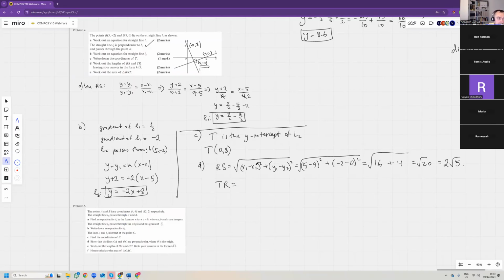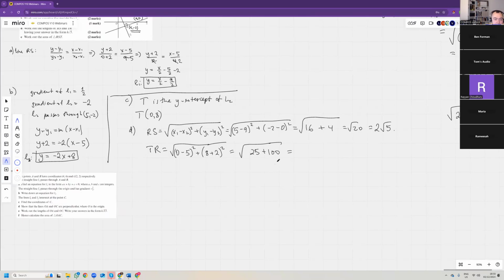TR, that's 0, 8, and 5, minus 2. So that's 0 minus 5 squared plus 8 plus 2 squared. And that is 5 squared, that's 25, plus 100.